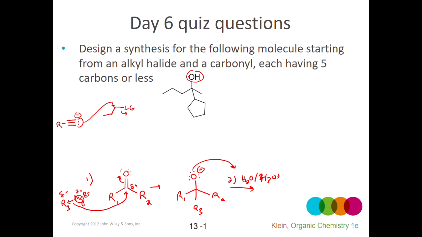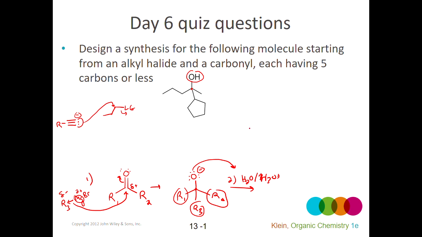So when you see an alcohol, you can work backwards from there and think about what reagents must have come together to form this new carbon-carbon bond. So when I see an alcohol, one thing I look for is the carbon that the OH is directly bonded to. I'm going to think about one of the three groups attached to that carbon having come in as a Grignard to attack.